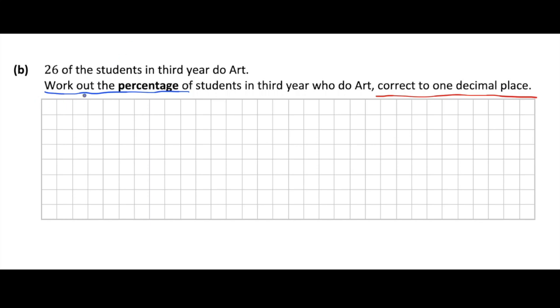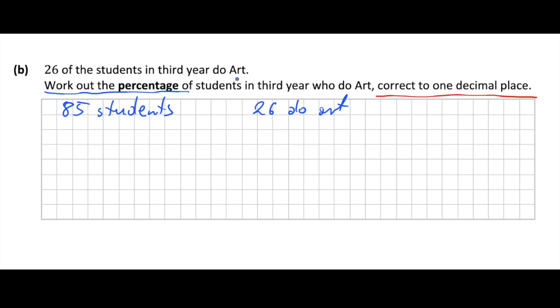In the first part, we need to work out the percentage of the students in third year who do art. We know that there are 85 students in third year, and we know that 26 of those students do art.